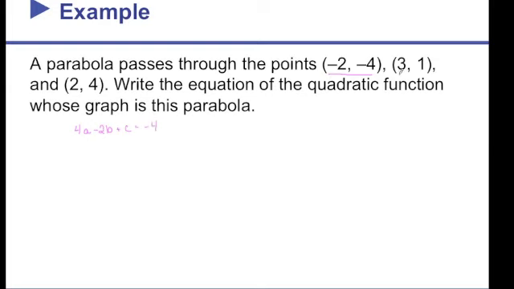Now going to this equation, x is 3 and y is 1. So x squared would be 9a plus 3b plus c will equal y. And the third one, ax squared be 4a plus 2b plus c will equal 4.